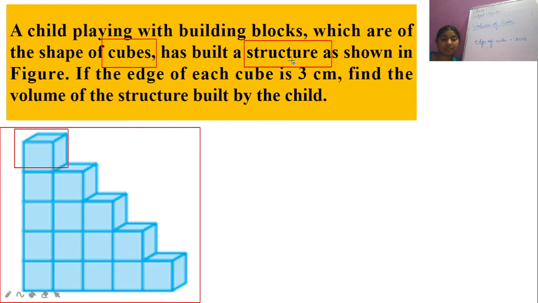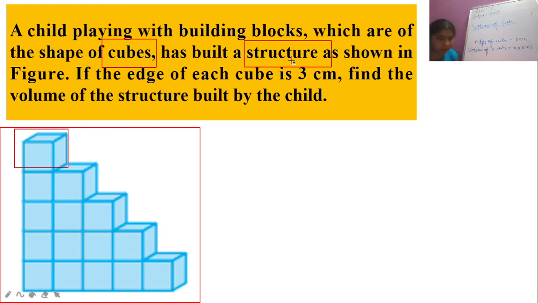So students, how will you do this question? We know that for a cube all sides are equal. So firstly we will calculate the volume of a single cube, that is 3 into 3 into 3.